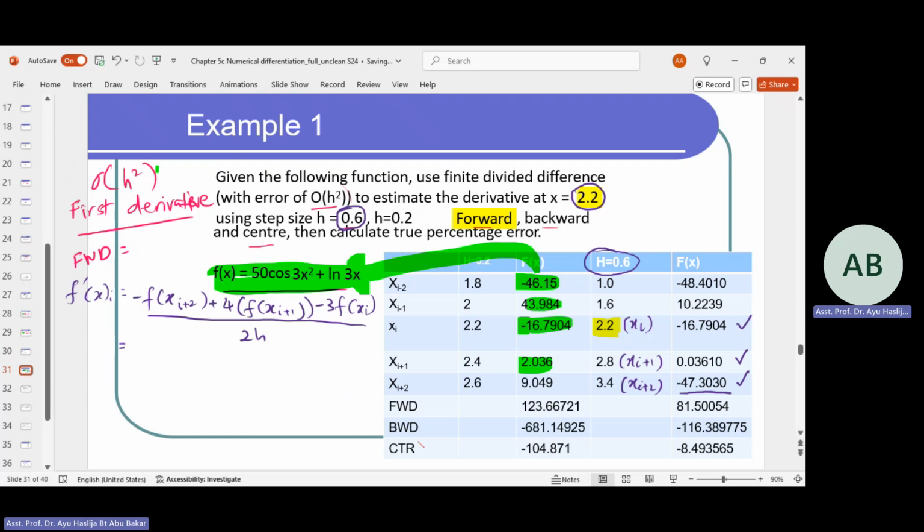Your h is 0.6. It looks simple, but you need to know your data, which is xi, xi plus 1, xi plus 2, and the equation used. Okay, subs all the values, do you get this 81.5? 81.5.